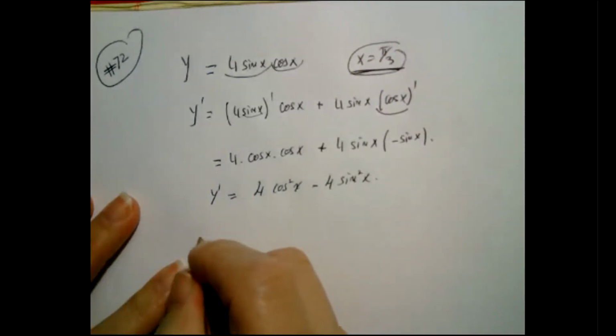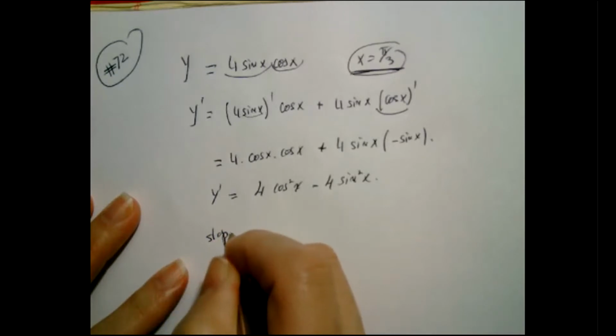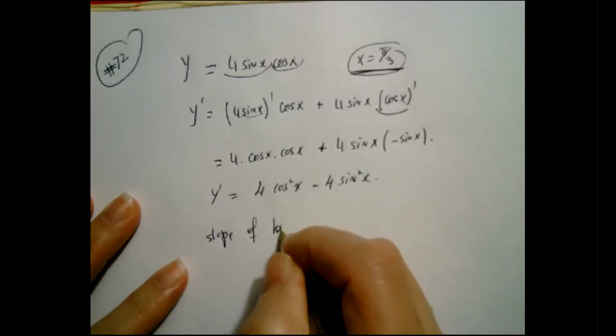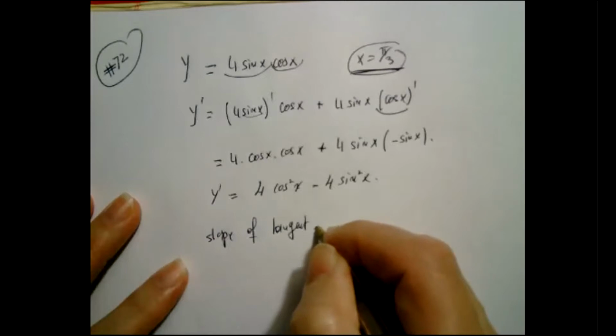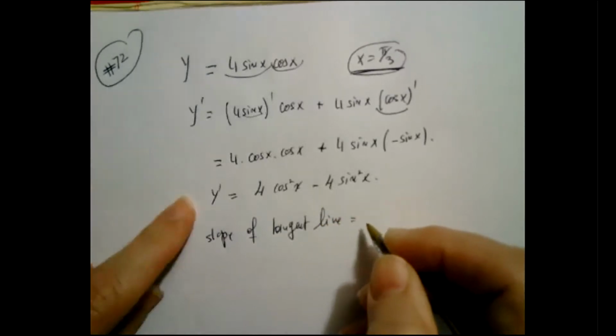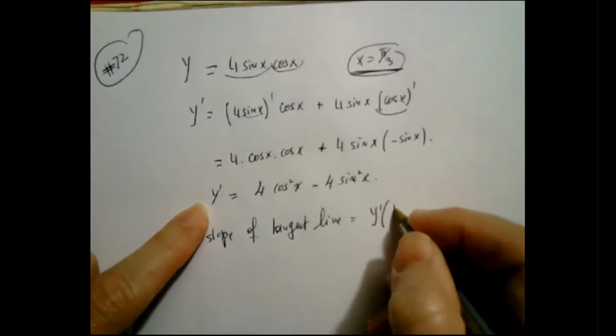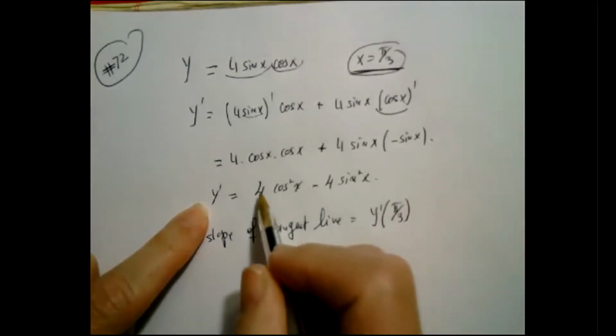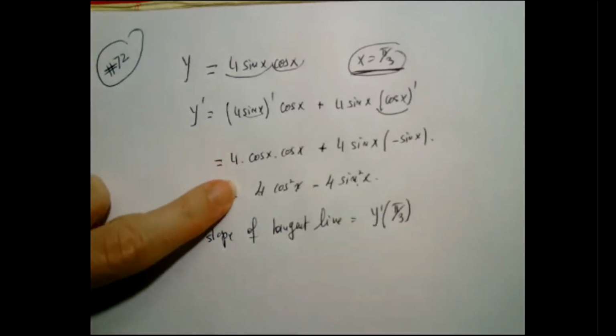Now I need the slope of the tangent line at pi over 3. This is the value of the derivative at pi over 3, which means I plug in pi over 3 for x.